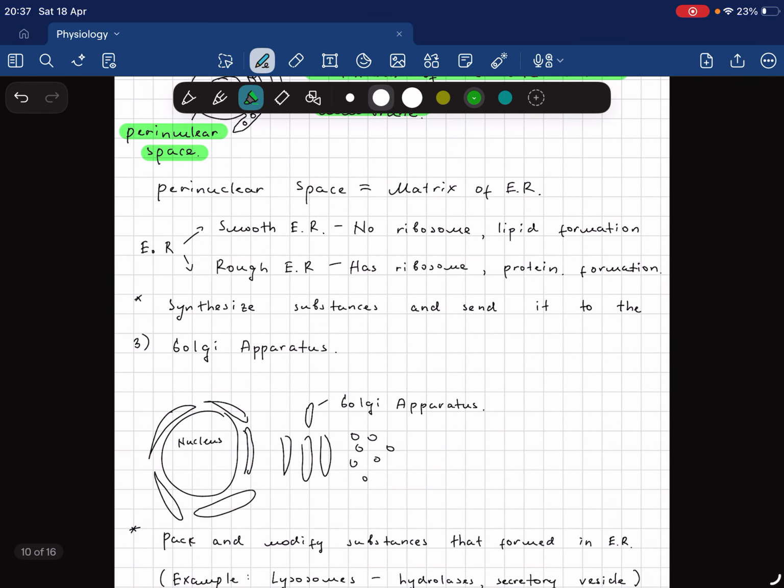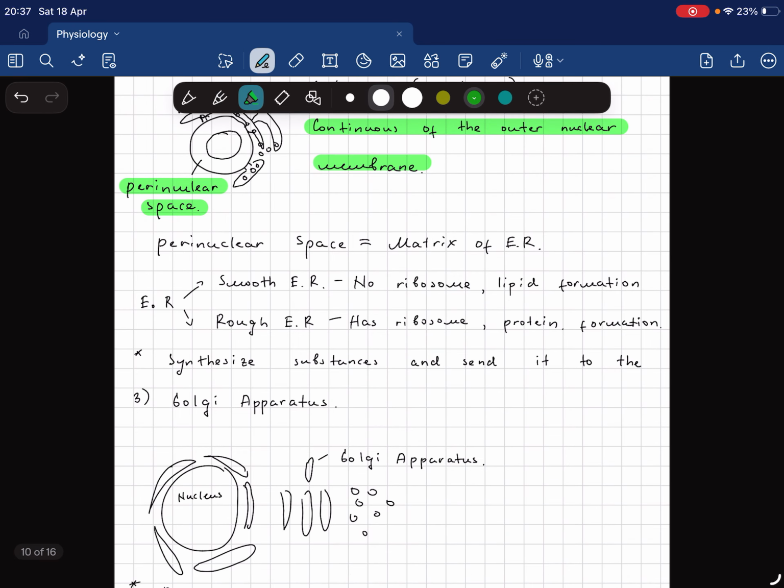In the Guyton, it clearly said that the perinuclear space, in other words the space between the inner and outer nuclear membrane, and the matrix of the endoplasmic reticulum are interconnected with each other.